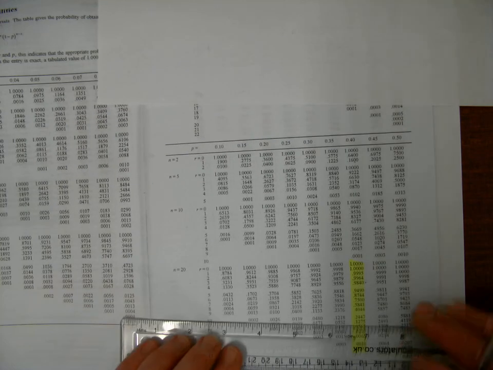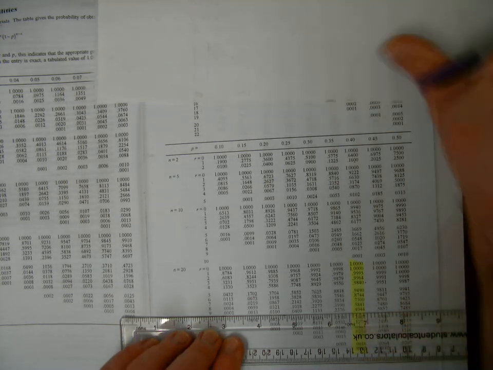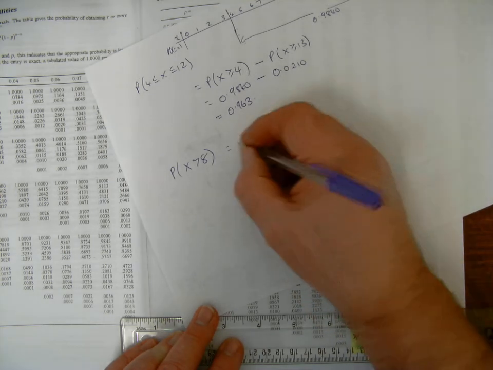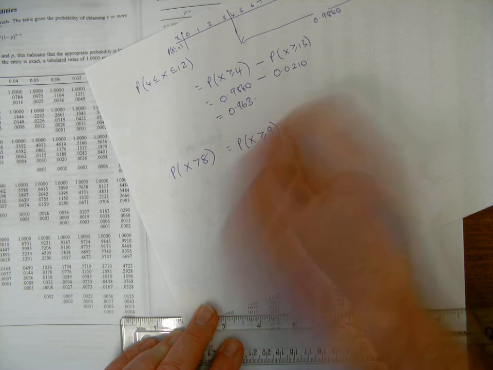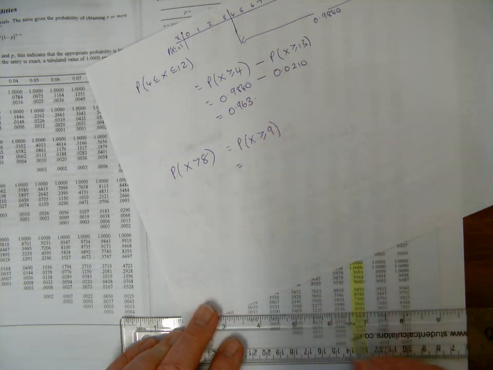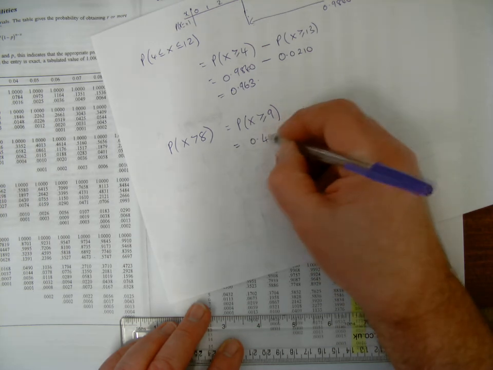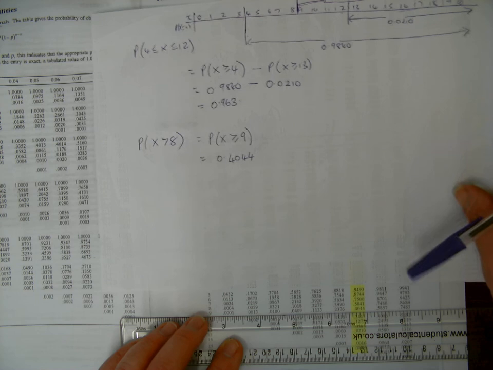So I go back to my table, go across at 9, and I get 0.4044. So x more than 8 is the same as x greater than or equal to 9, which is what I'm reading. I'm reading 9 in the table, 0.4044.